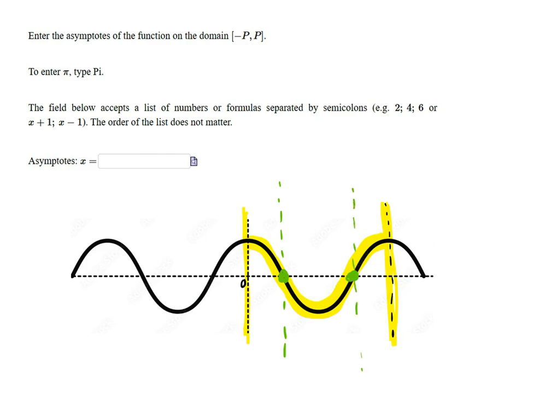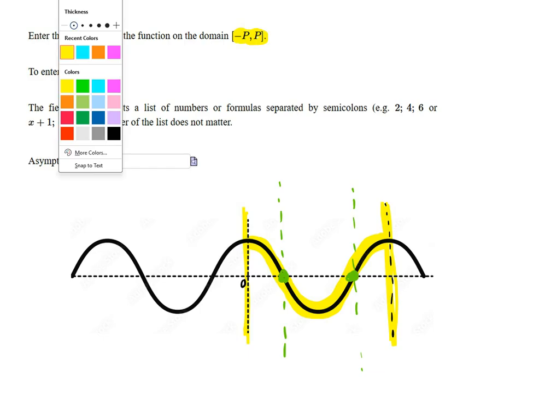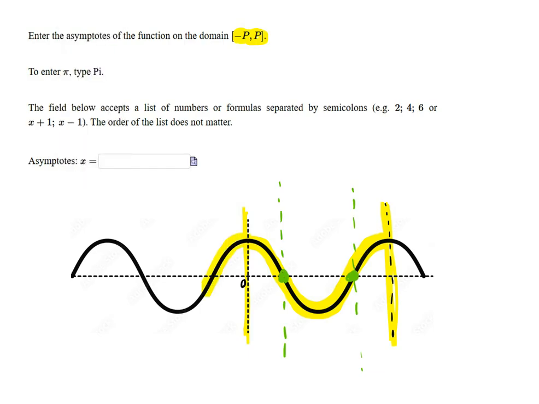But they want me to go from negative P to positive P, so I'm going to have to go back here as well.